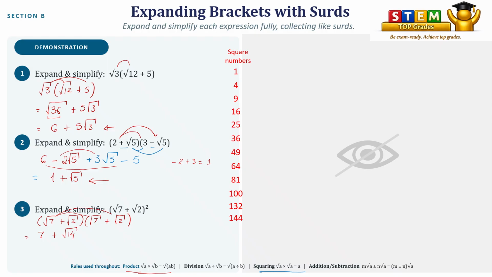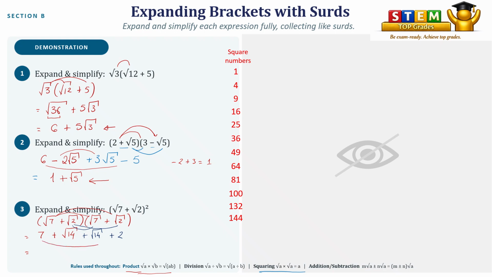Next one is going to be root 2 times root 7. So that's going to be root 14 again. And then you're going to have root 2 multiplied by root 2, identical surds, which ends up with just a number. Now, what we're going to work with is combining like terms.